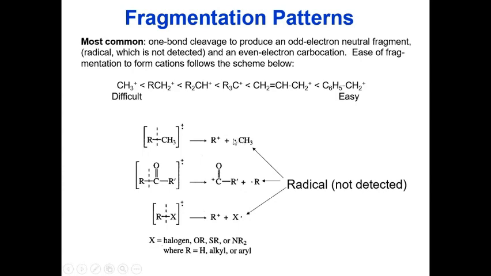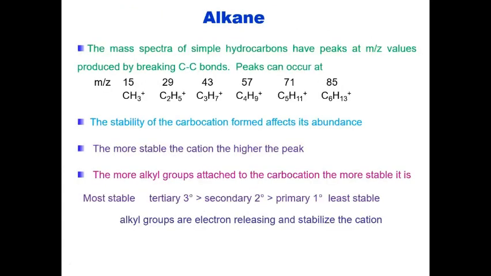To detect any molecule in a mass spectrometer, it should be ionized, having a carbocation. So we will see the fragmentation of different classes of molecules one by one.